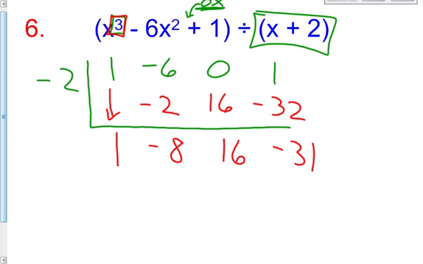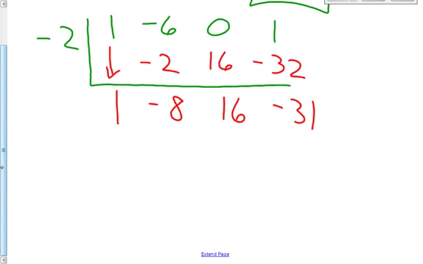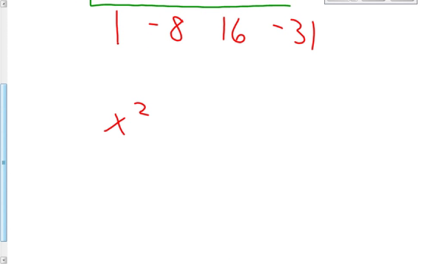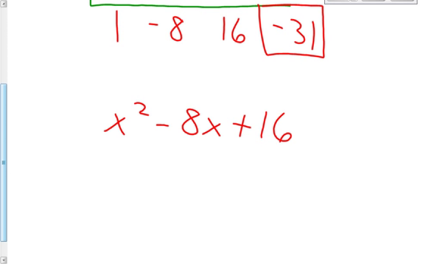So now starting at x squared, 1 power down from x cubed, we're going to have 1x squared, which I don't even have to write because it's understood to be that 1. So we have 1x squared, a -8x, a +16, and then this term right here becomes my remainder.